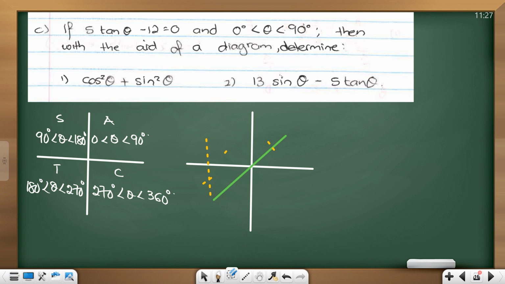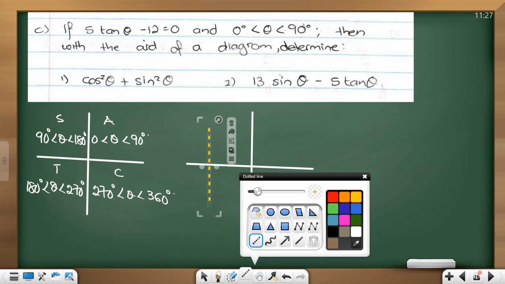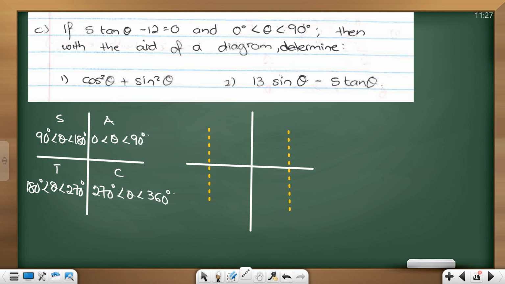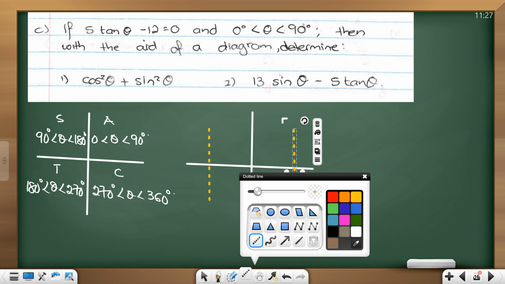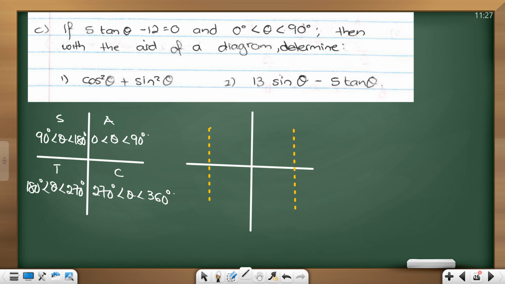Let me redraw this quickly. All right, it looks like a bow tie. I put this here. That's why I call it a trig bow.